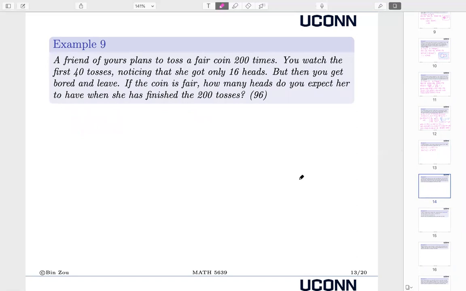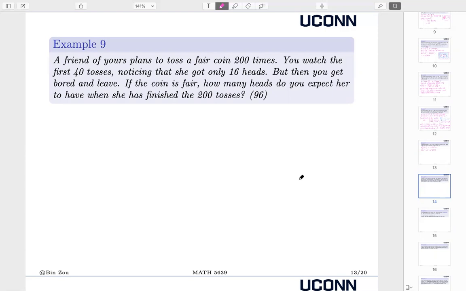Okay. Question 9. It's somehow interesting. Here, someone is going to toss a fair coin 200 times. You watched the first 40 tosses and noticed 16 heads. But then, of course, you got bored and left.